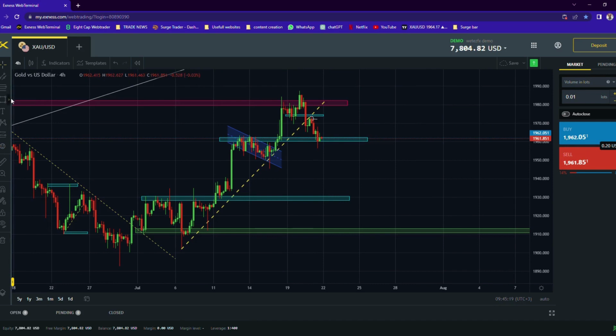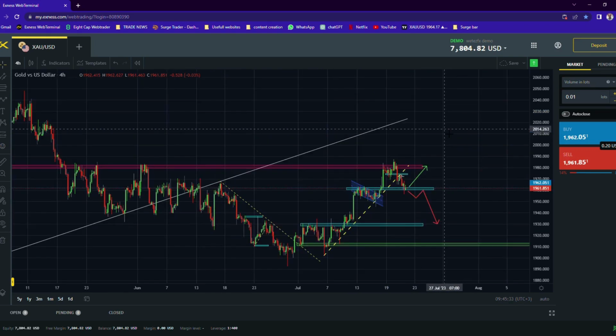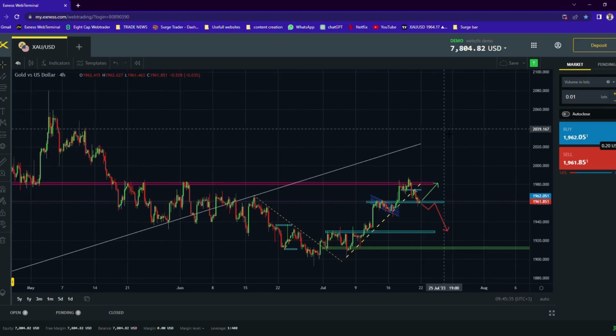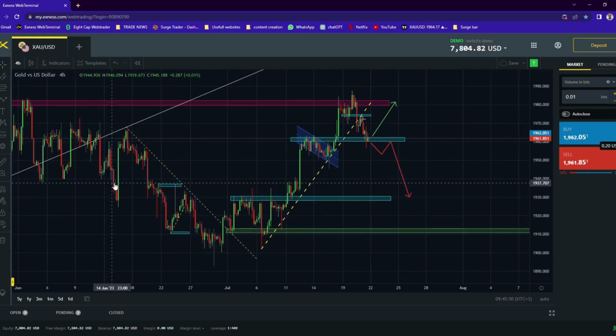So for gold, as of now, we have two different expectations: a break and a move to the downside, or a strong support and a move to the upside back into the zone, and possibly also a break to the upside. So right there you can see gold, this is still a very strong key zone, key level. 1980 to 1982 is still a very strong key level, so that level is still holding strong.